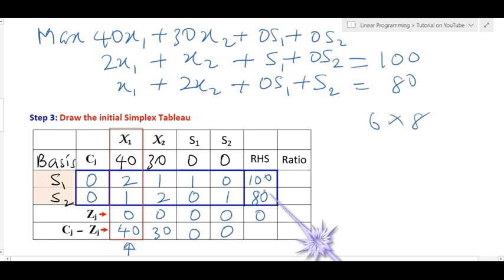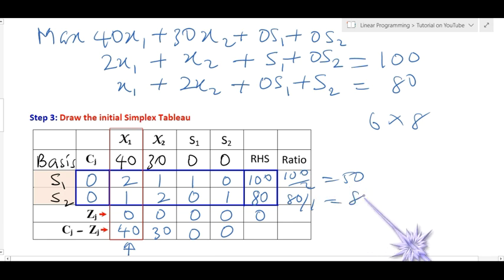So here we have 100, taking the ratio will be 100 over 2, that will give us 50. The next one is 80. The ratio here is 80 over 1, which is equal to what? 80. The lesser value is this. If the two values are the same, you can take any of them.